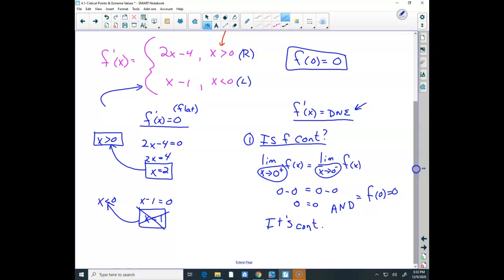Now, because it's continuous, I know it comes together, but for differentiability, I need to know, does it come together smooth, or in a sharp point? That's where I need to go for the next section.